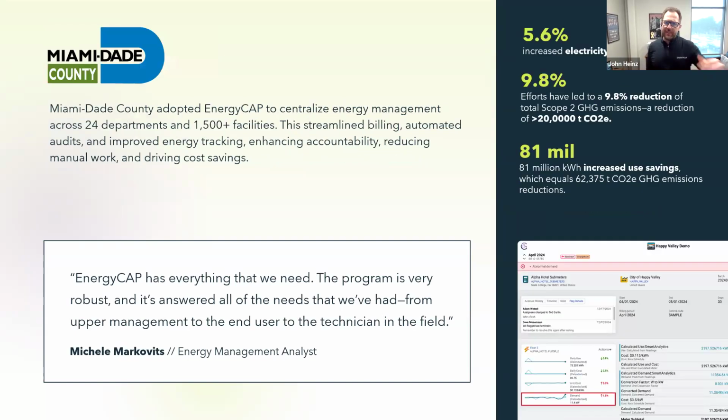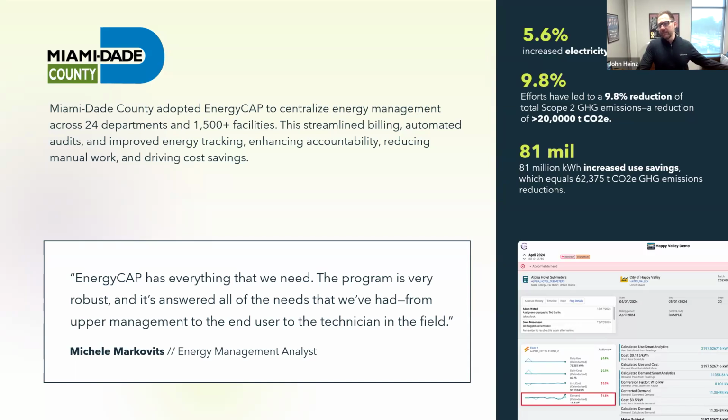The last customer, Miami-Dade County. Miami-Dade has a ton of facilities, 1,500 facilities, thousands of utility bills from FPL, Florida Power and Light, and some other vendors in the area. They have some fragmented bill approval processes, which we help streamline, where every department has to receive and approve bills.